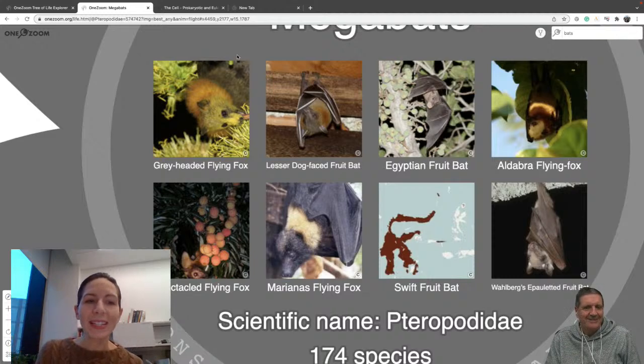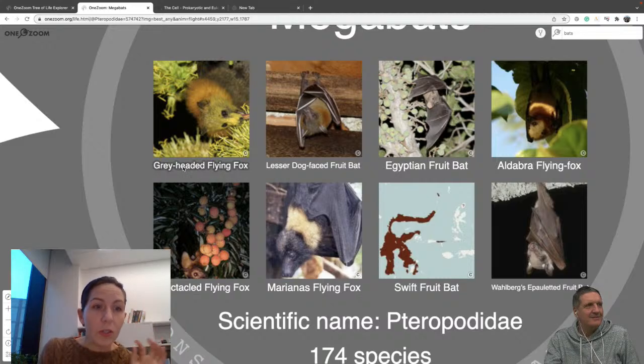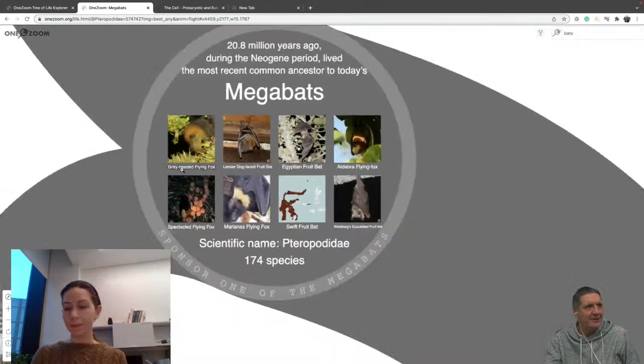Some of them use clicks, a rudimentary echolocation that can help them navigate a little bit. But you'll notice they have bigger eyes, so they actually rely more on their sense of sight than their other senses.